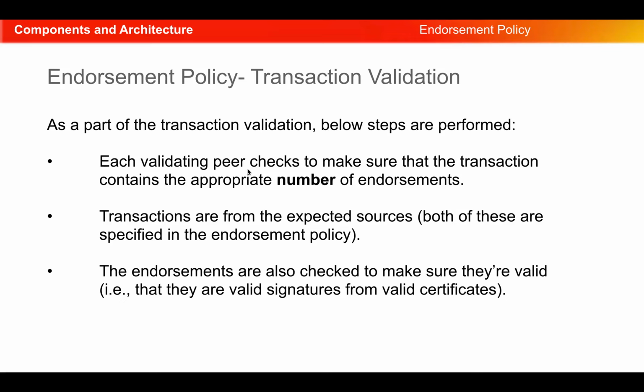Each validating peer checks to make sure that the transaction contains the appropriate number of endorsements, and that the endorsements are from the expected source, which means both of these are specified in the endorsement policy. The endorsements are also checked to make sure they are valid, which means they have valid signatures or valid X.509 certificates.